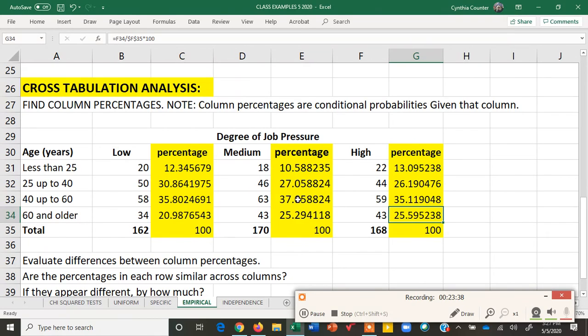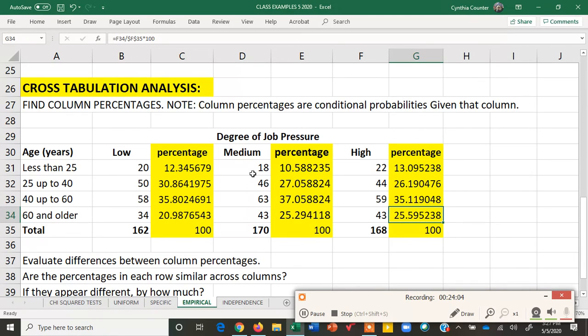Here, 37.1 to 35.8, about a 1.7 difference. And here, let's say 21 to about 25.5, really 25.6. So this one's more, like 4.5.